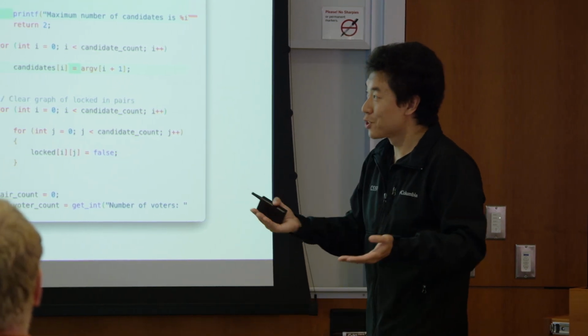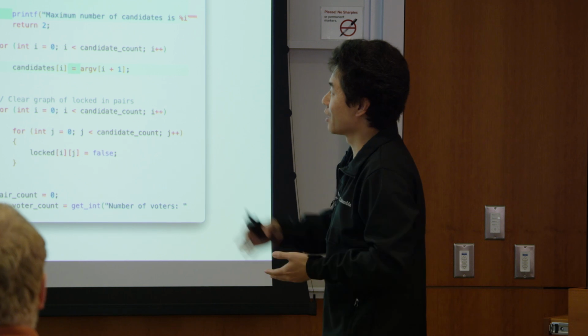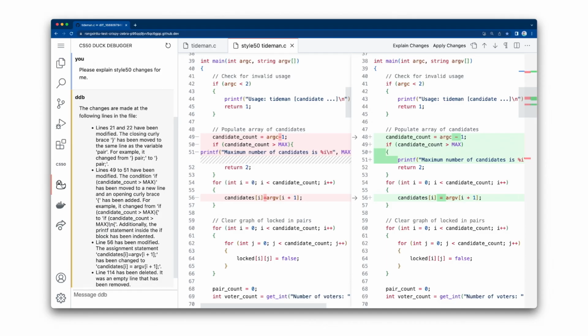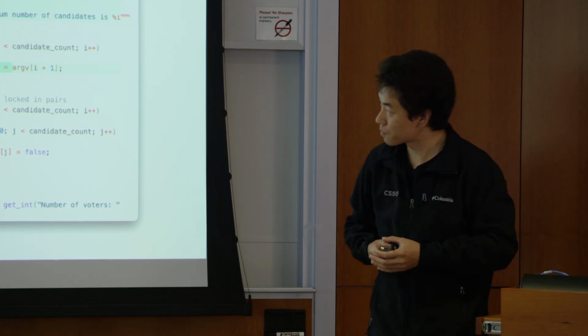Now with the AI tool we're trying to integrate, you could even have the AI duck debugger explain what's happening here in written text back to you. So students will be able to know what's happening here and how they should adjust their code to match the desired code format. Of course, if the student doesn't want to do all of this, they can just click apply changes and it will format their code according to our Style50 guideline.